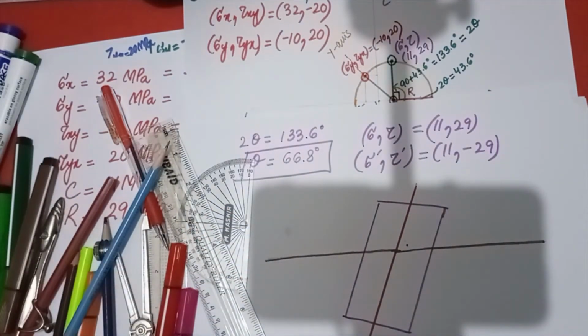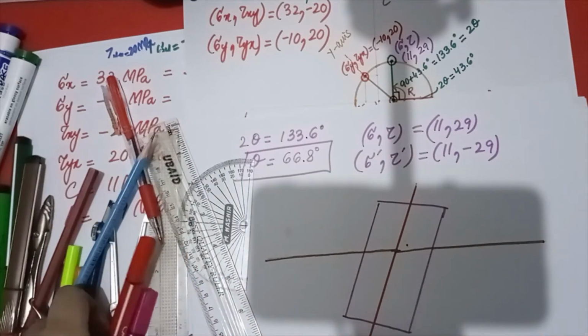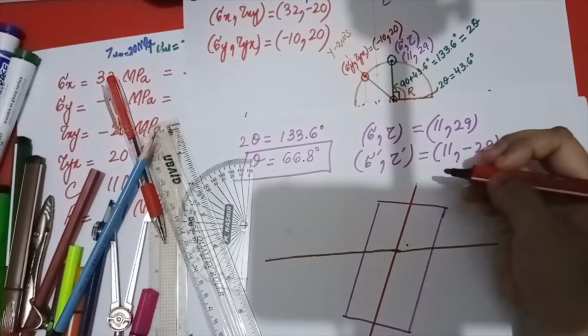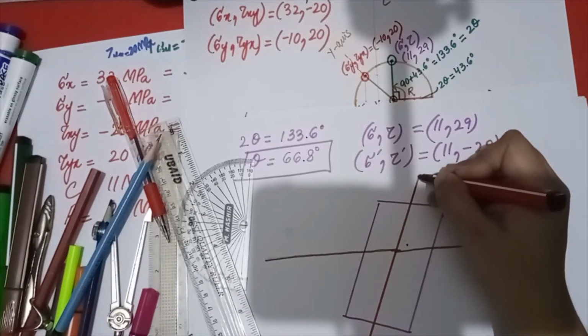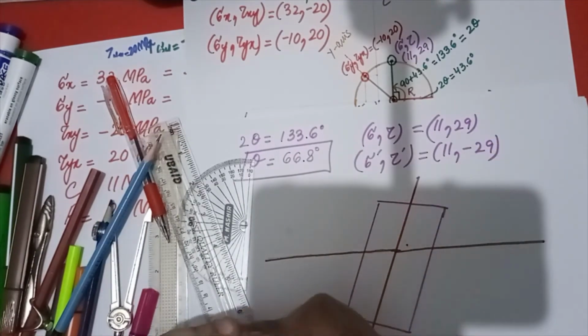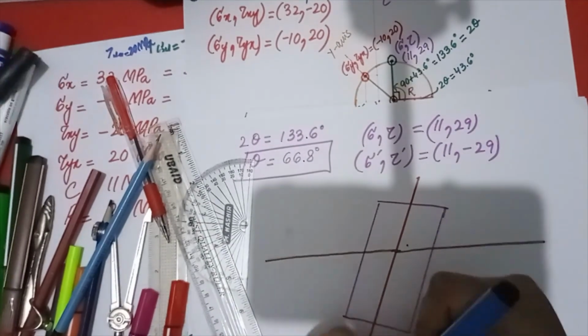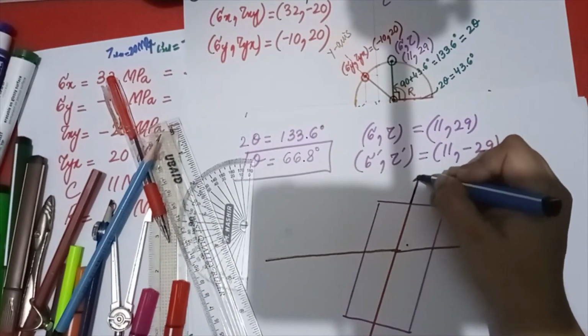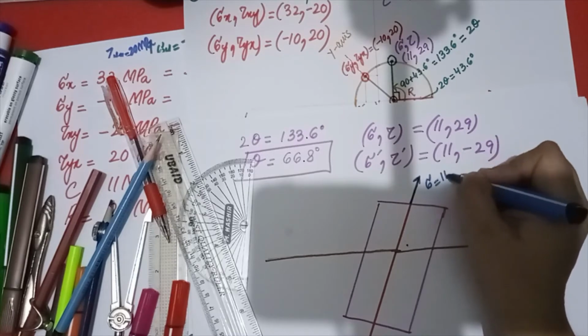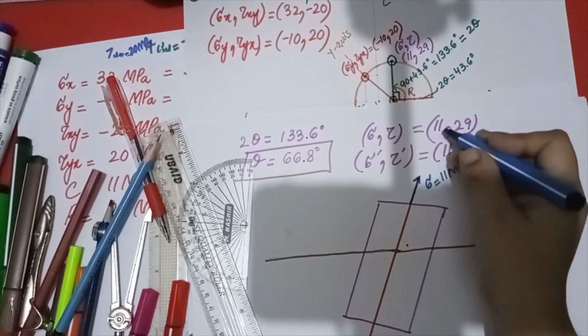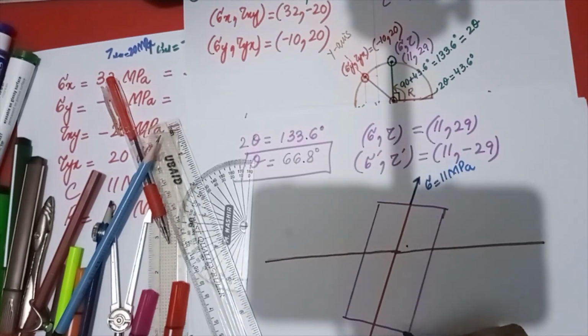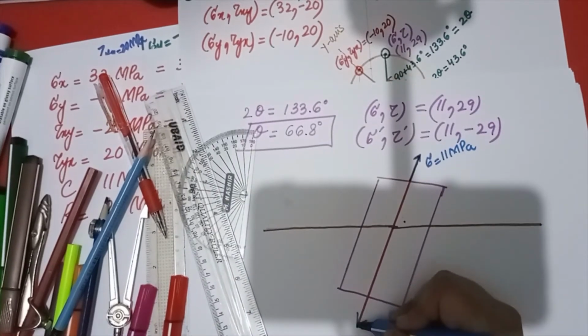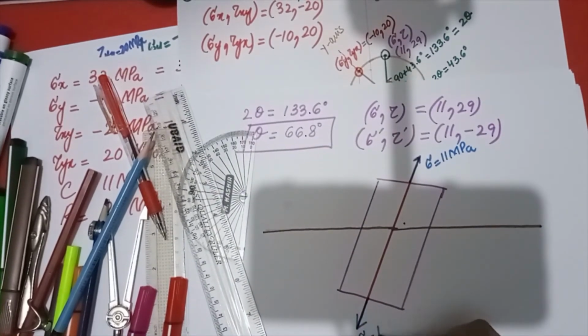Okay, now what I have to do in the next step, and this is sigma. Let me take another pointer. This one, sigma, is 11 MPa. It is positive, so it should also be positive. Sigma equals 11 MPa.